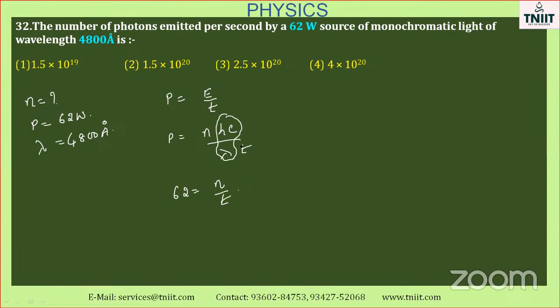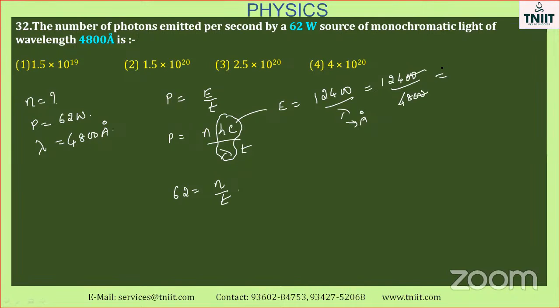You know that this Hc by lambda, this energy, can also be calculated by using 12400 by lambda. This lambda should be in angstrom. This shortcut formula I have given, I think, in the regular class. So energy is nothing but 12400 divided by lambda, which is 4800. Two zeros will get cancelled out.